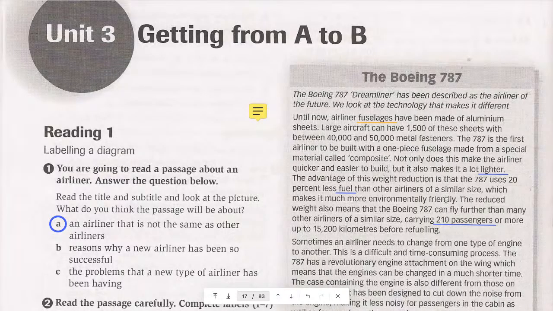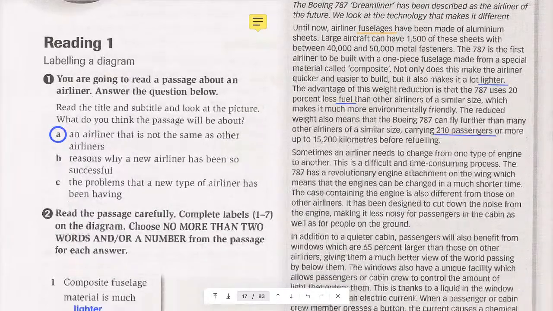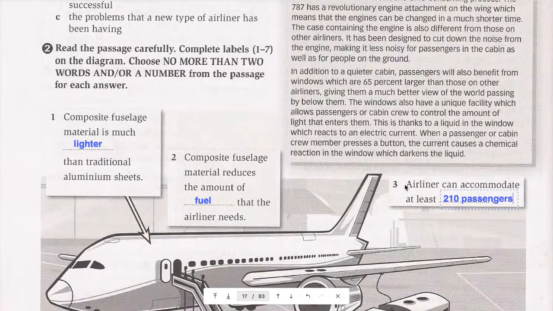So read carefully and choose the right answer. Done? Please underline the word lighter and fuel in the passage. Now let's move on to number three.